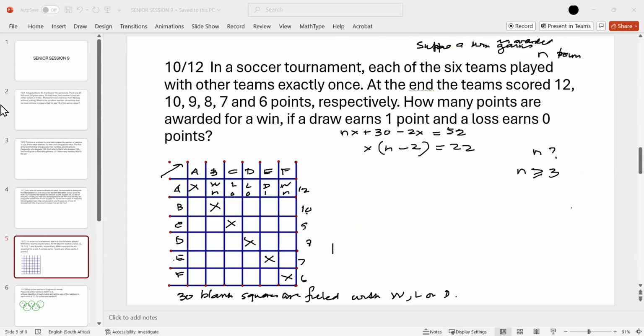So what are the possibilities for n? n minus 2 is going to be a factor. So n minus 2 is greater or equal to 1. Okay, that doesn't help you too much. So n minus 2 is equal to 1 or 2 or 11 or 22. There are only 4 factors for 22.